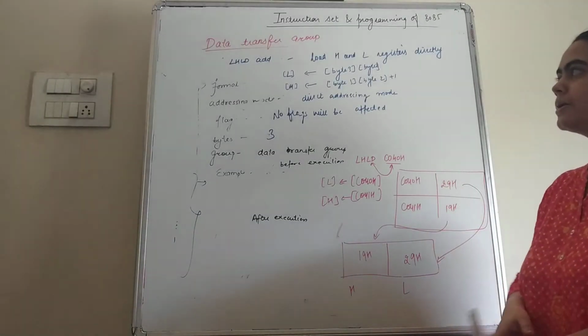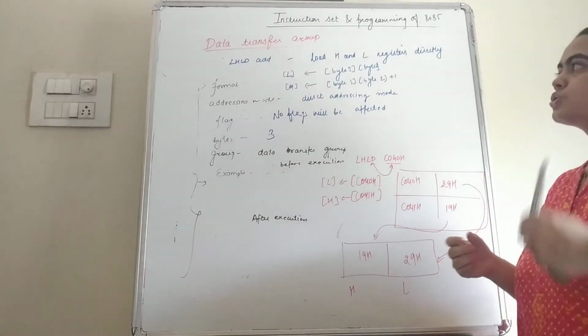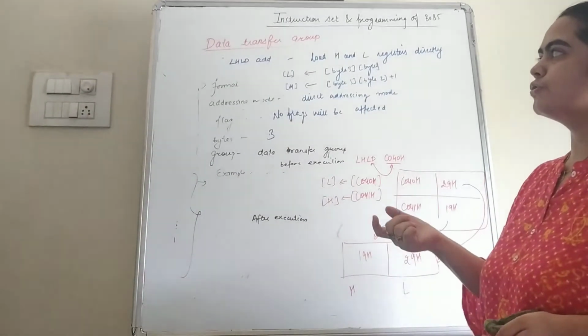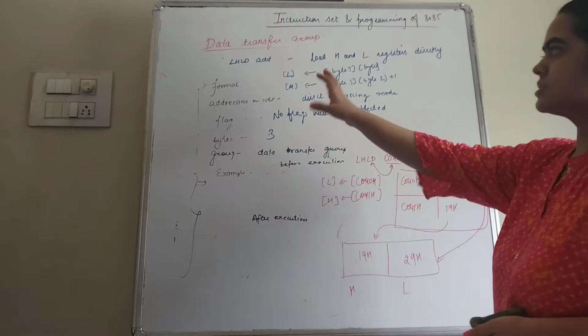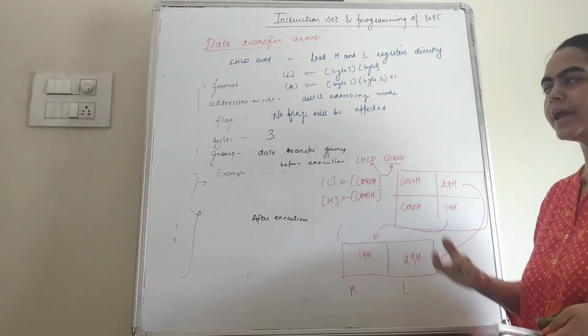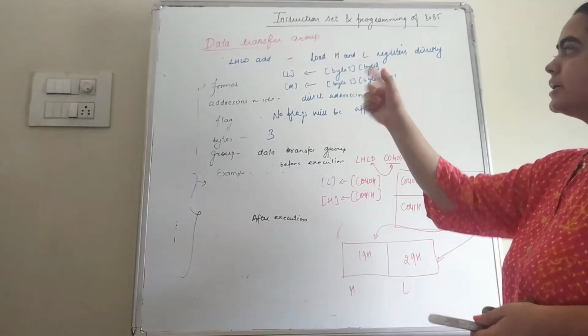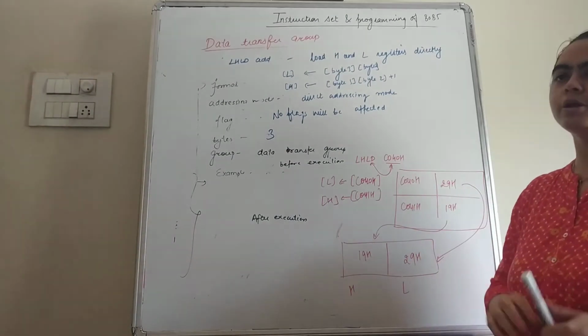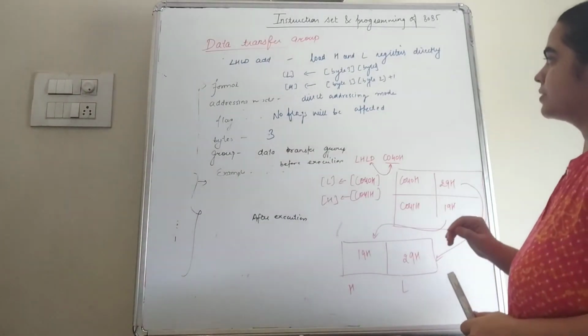So at a time, a register can store the value at a particular address, and the next value will be stored in some other register. In this case we have only the HL register that is written in the instruction itself. So the contents of the address will be loaded into the HL pair.